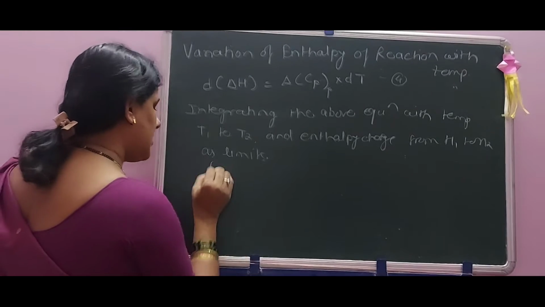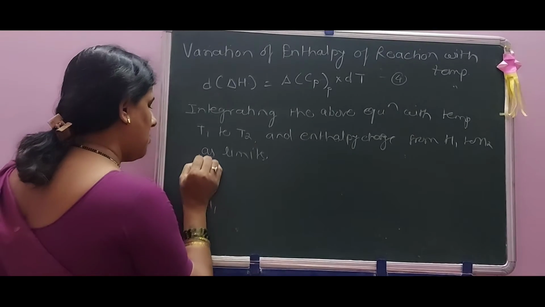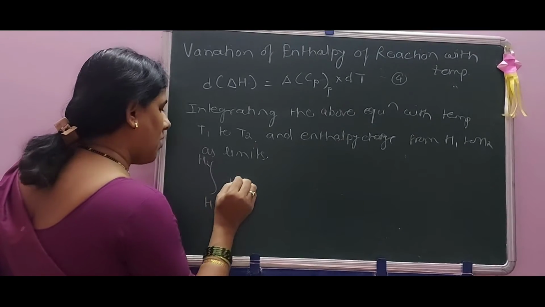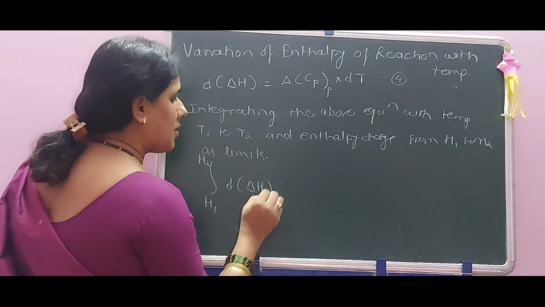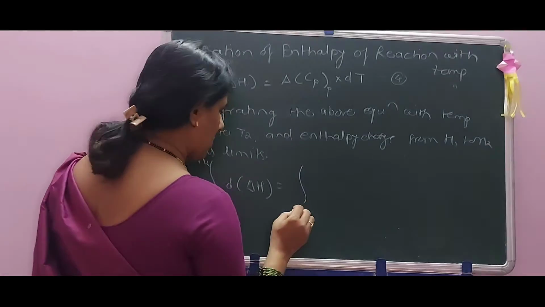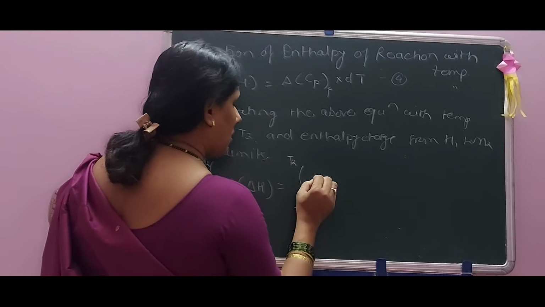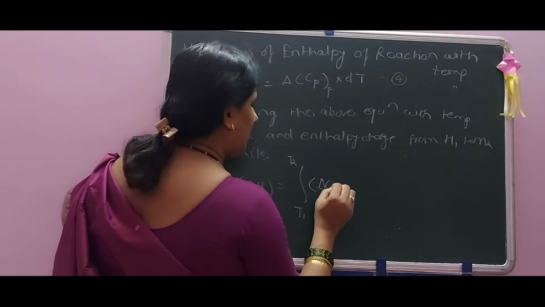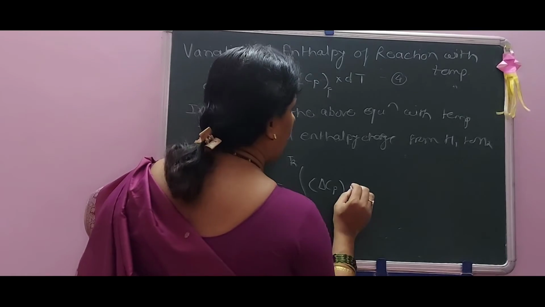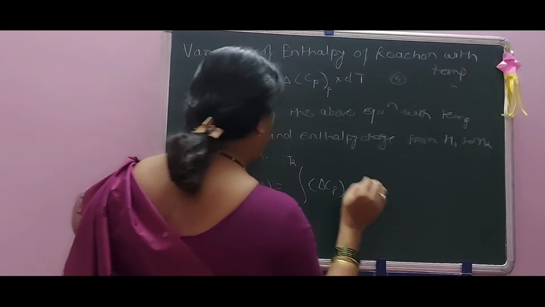That is, integration from H1 to H2 of d of delta H is equal to integration from T1 to T2 of delta Cp at constant P into dT, okay.